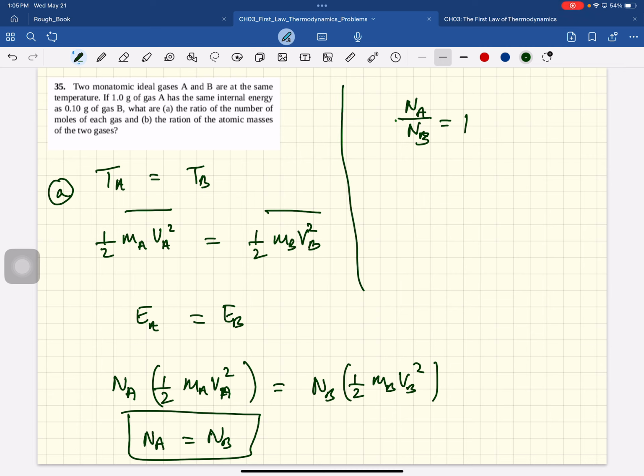Now part B, the ratio of the atomic masses. 1 gram of A. So N_A times mass A is 1 gram. N_B times mass B is 0.1 gram.